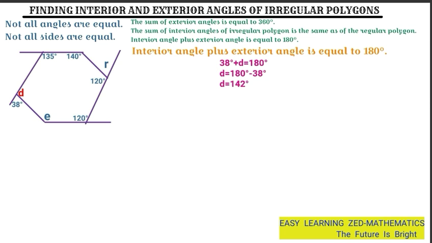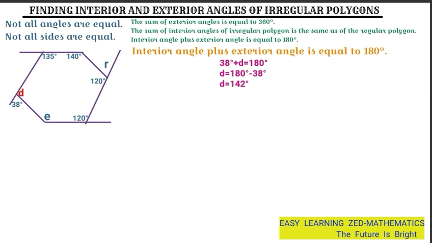The property we're going to use here is the second property: the sum of interior angles of an irregular polygon is the same as the sum for the regular polygon. This polygon is a hexagon.